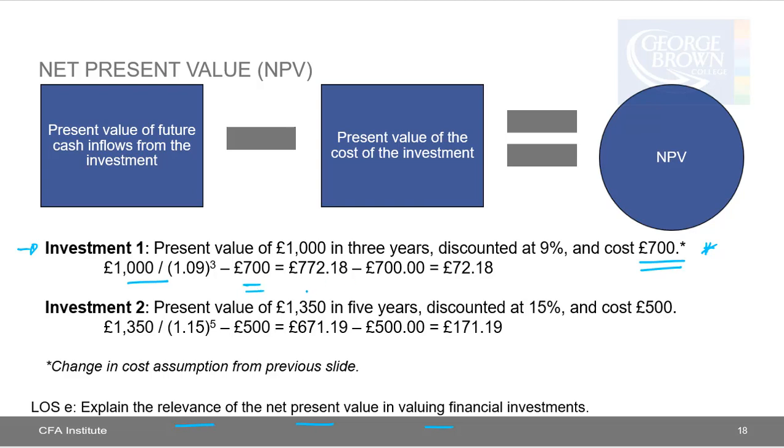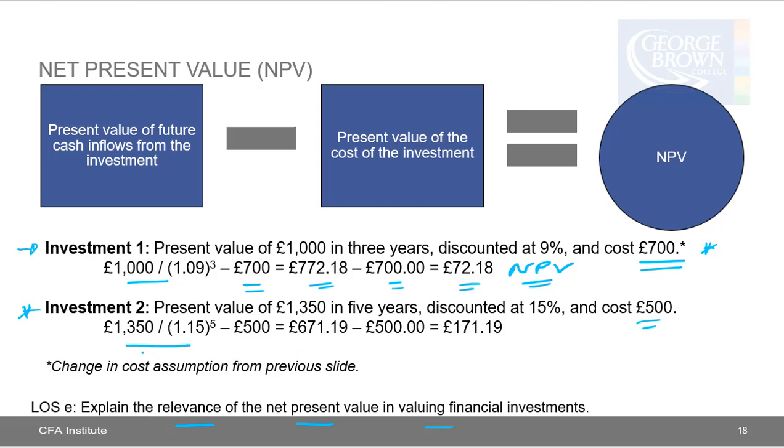So again, from the previous example, the present value is £772.18. Subtract the initial outlay, now £700, not 500, and we have a net present value. So the net present value is just the present value of the future cash flows minus the initial cash outlay. That gives us a net present value of 72.18.